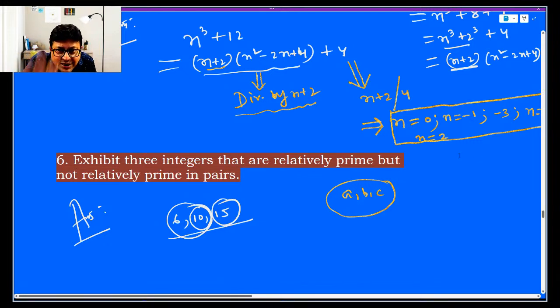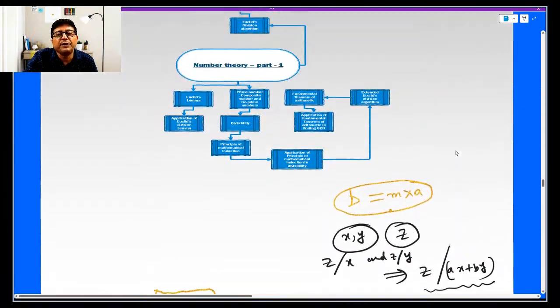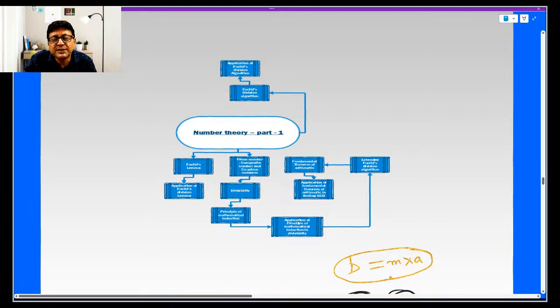Whatever. In today's class, the first part will be this that I told you, isn't it? The process diagram I made here, that divisibility part is just over. Not really, it is not over. Divisibility has no end. You will find divisibility the next day, the day after.